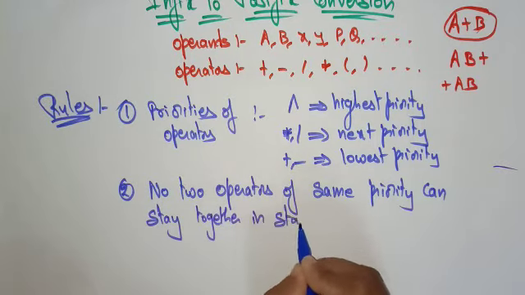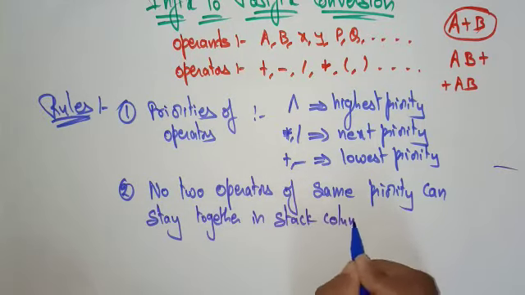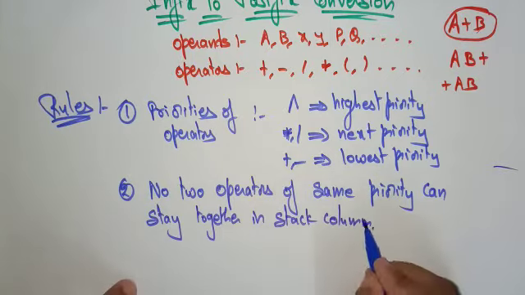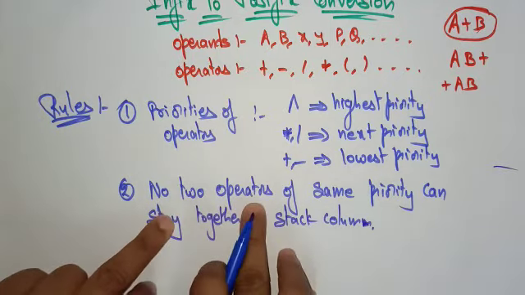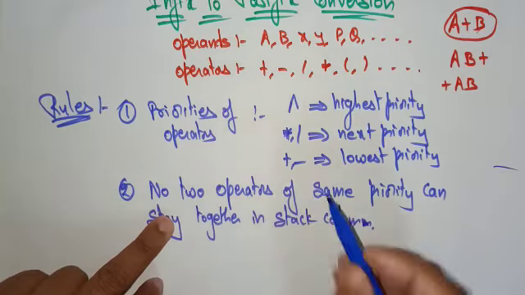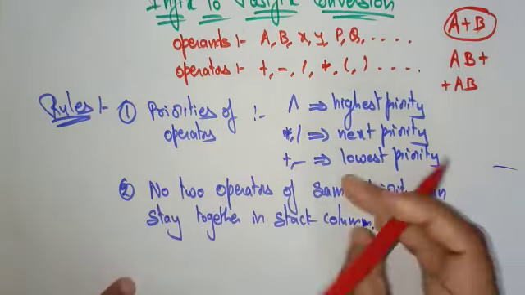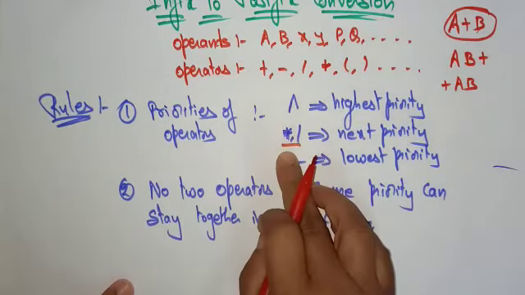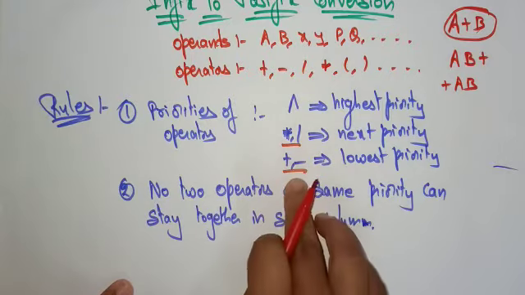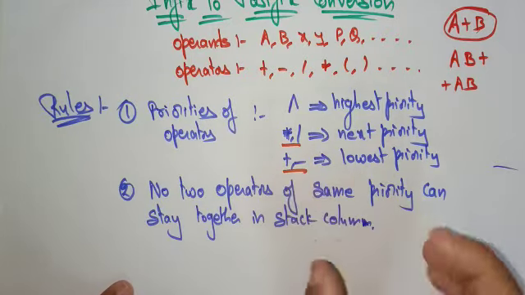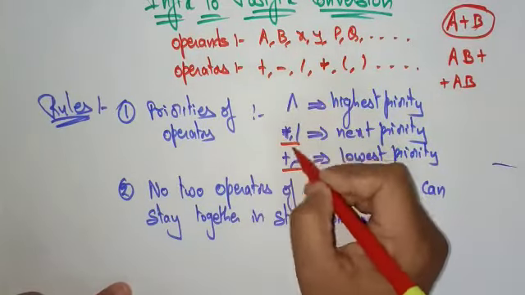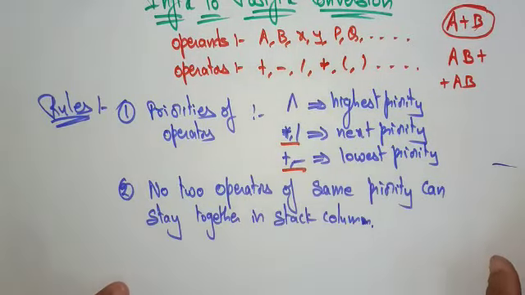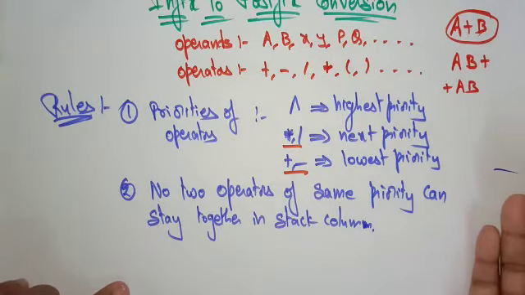What does it mean? Did you observe here, these two operators, plus and minus, have the same priority. So in the stack column, they should not stay together. If they are staying together, just pop the already stored element.